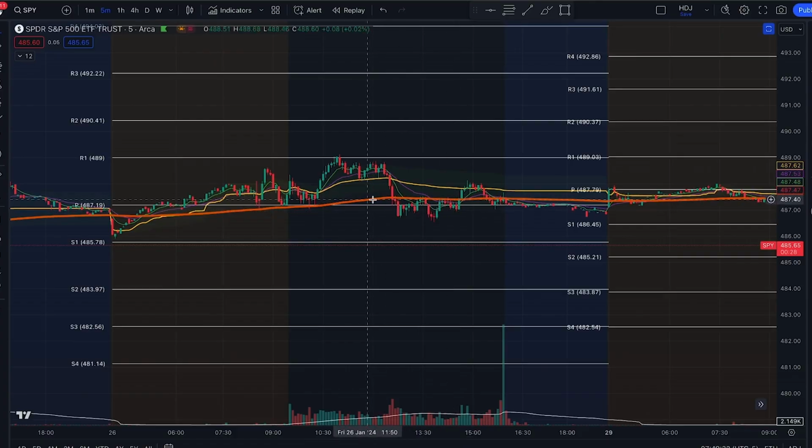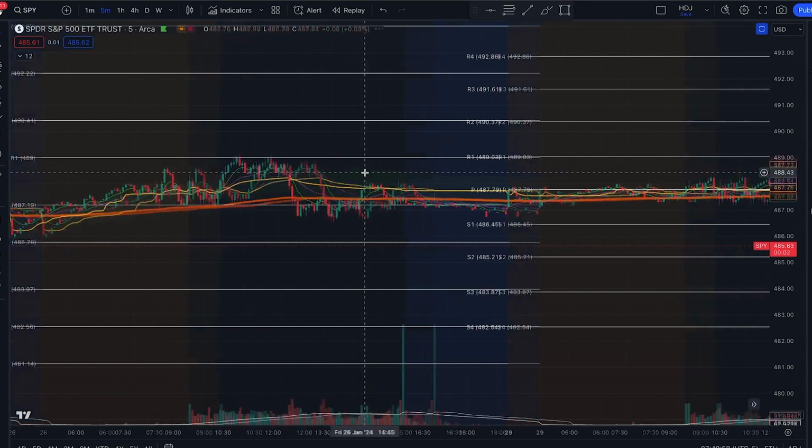So that's why I keep this line thicker than the rest. But to get back to the pivot points, you see we had the touches down here. We went to the upside, and what happened? Once we reached the pivot point at the 489 level, we went back to the downside. So this is why I like to keep the pivot points on.